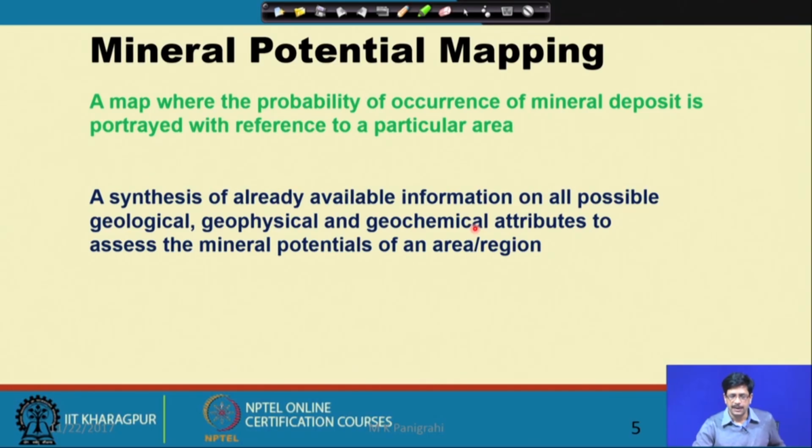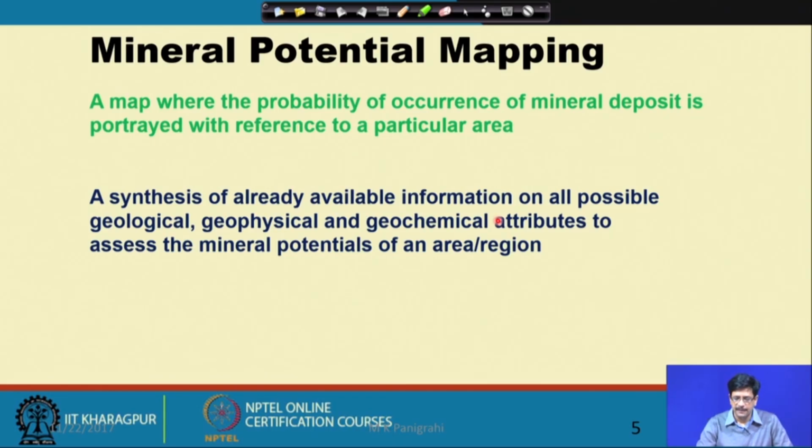Essentially, one thing is also important to mention here, that this mineral potential mapping exercise could come very much under the brownfield exploration category, where we need to have some information about the area where a mineral deposit or an ore body exists, so that we could associate the existence of that ore body with all other attributes such as geological, geophysical or geochemical.